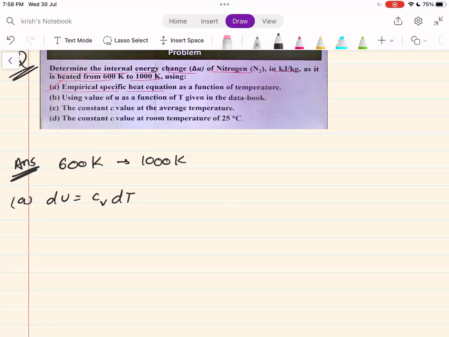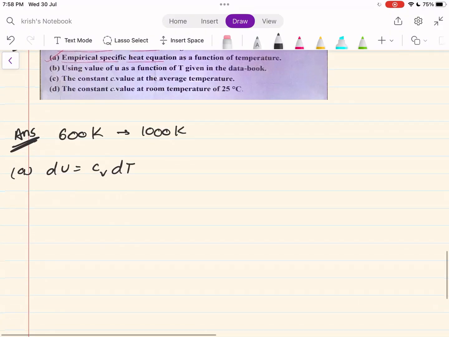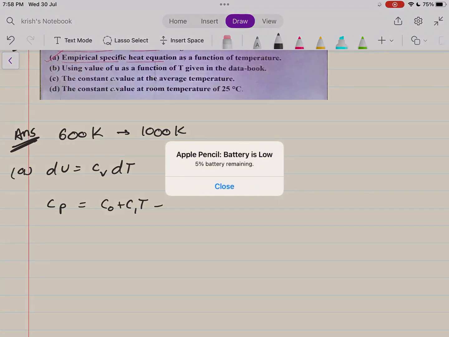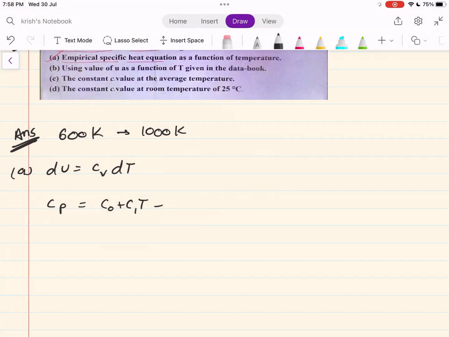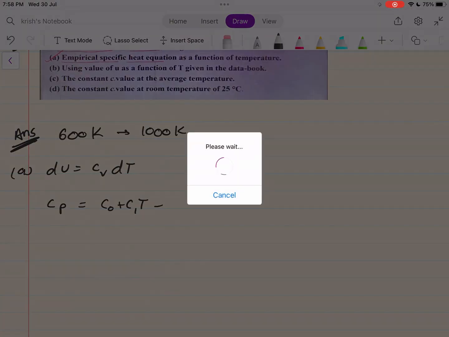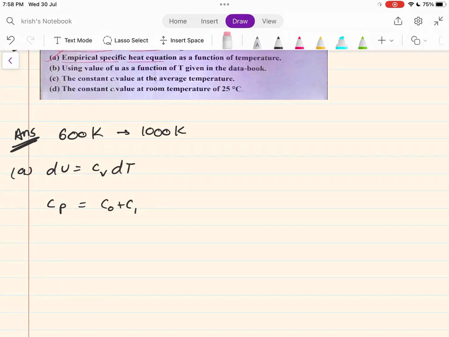Then it is asking us to use the empirical specific heat equation, right? So if you remember, Cp equals C0 plus C1 theta plus C2 theta square plus C3 theta cube, where theta is T by 1000.